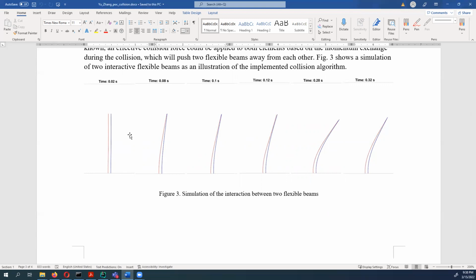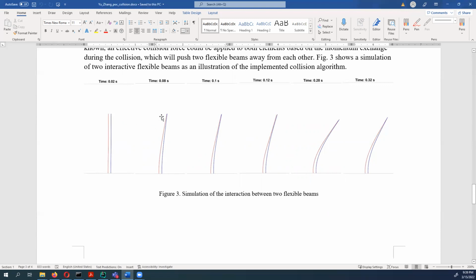So after I implemented the collision, this is a simple demonstration of how the collision will work. In the first configuration, I have two flexible objects standing up, and then I have a horizontal force pushed on the red beam.